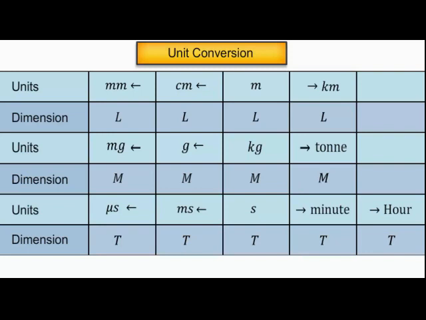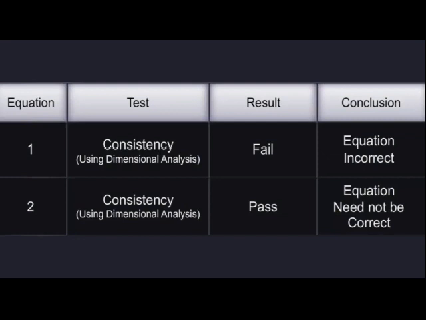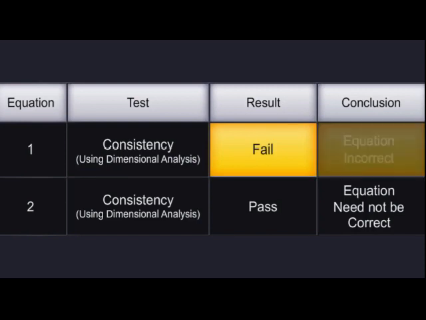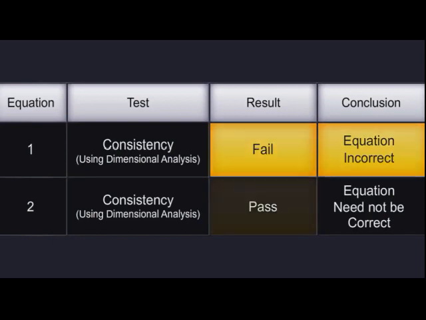If an equation is put to the consistency test using dimensional analysis, and if the equation fails, it means that the equation is proved incorrect. If the equation passes the consistency test, it does not mean that the equation is correct.